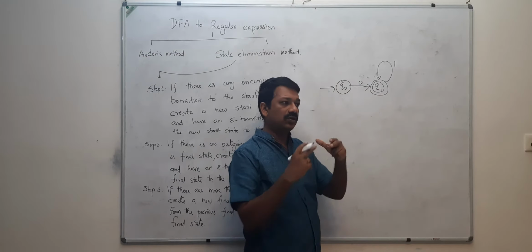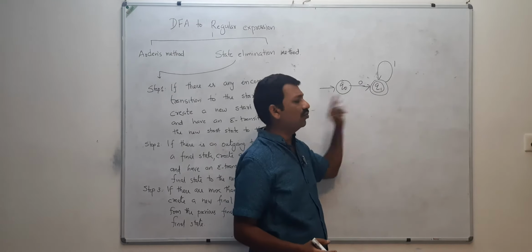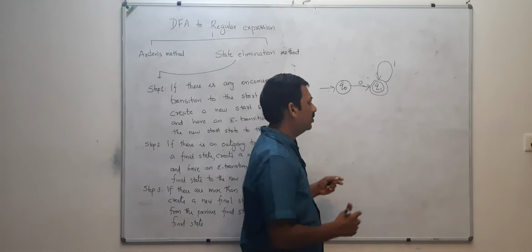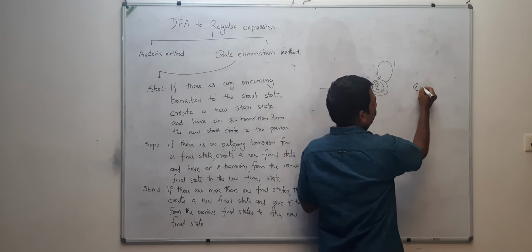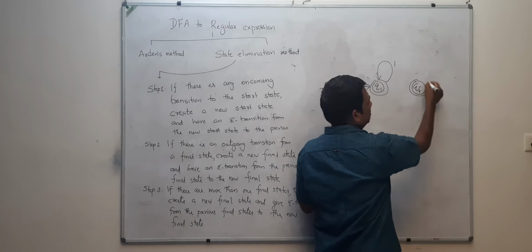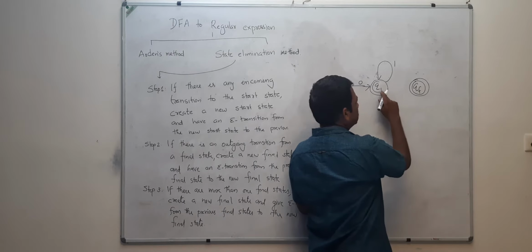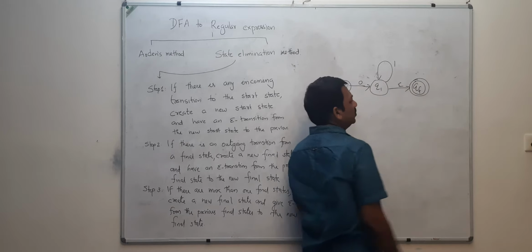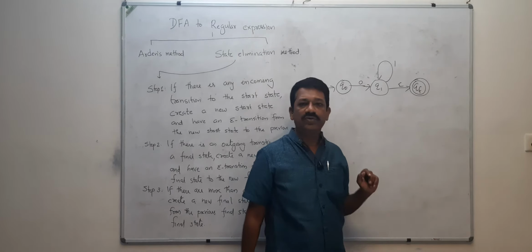From this final state you have an outgoing transition to Q1. As it has an outgoing transition, you are going to create a new final state, say QF, make this a non-final state and have an epsilon transition to this new final state QF. That's it.